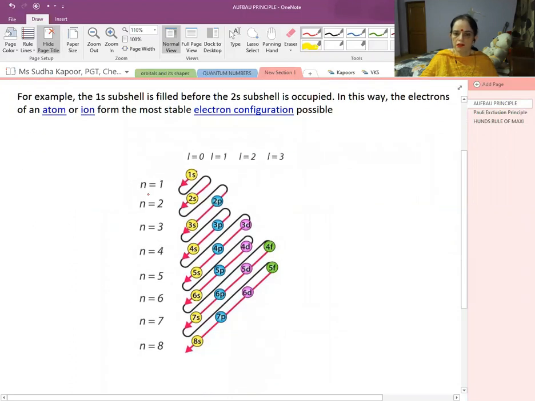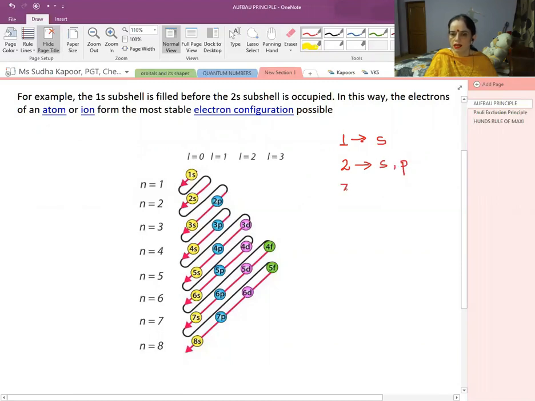We will write the number of the shells, and we all know that each shell has different subshells and orbitals associated with it. For example, in the first shell, only S is present. In the second shell, two subshells, S and P, are present, with P having different orbitals.